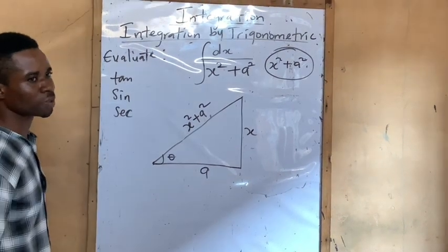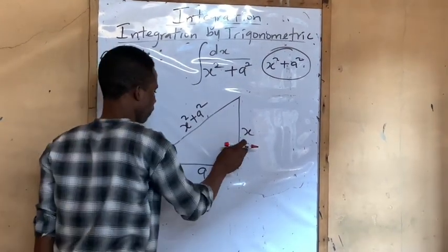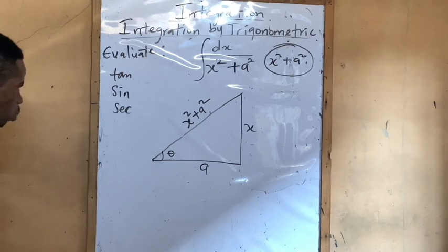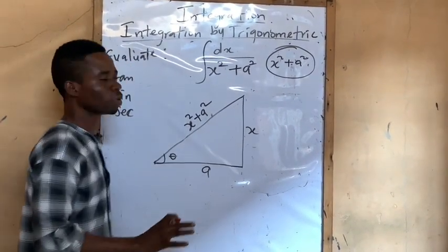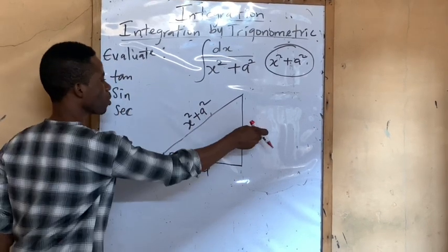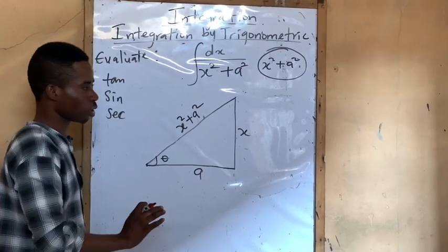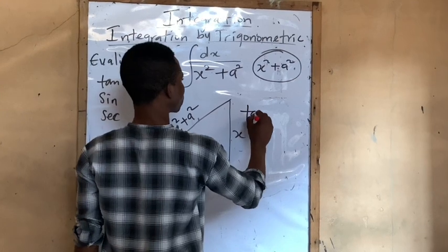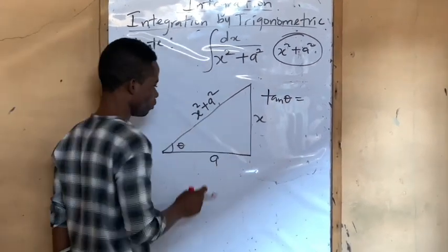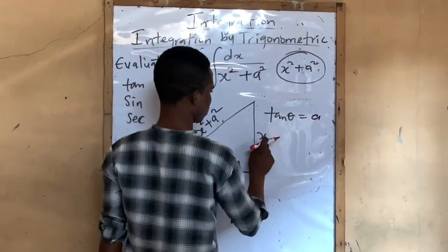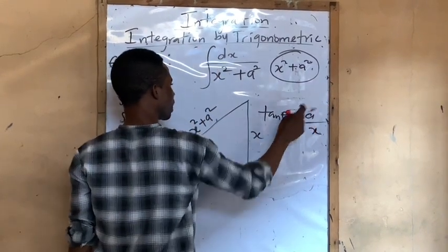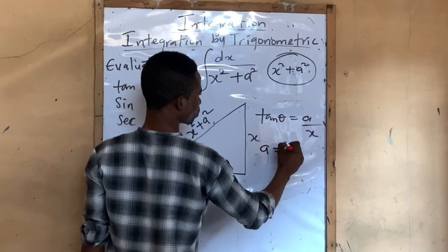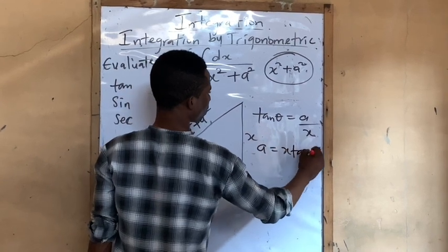Now, you may ask me, why can't I put a here and put x here? No. Because although we work with tan, opposite over adjacent, if I put a here, opposite over x, I'm going to have something like a equals x tan theta.